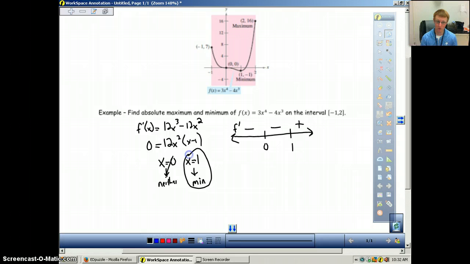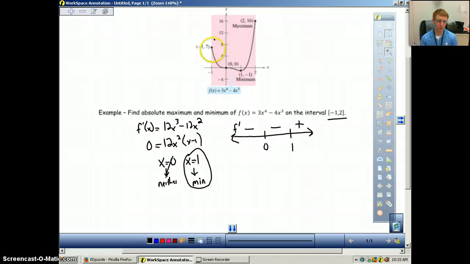Now, whether that's an absolute min is a different story. So we're talking about finding maxes and mins on closed intervals. That's where this comes in right here. They're telling us what our endpoints are, and you can see the endpoints are labeled on the graph. Now, what you want to understand is this. It does not matter at first what the y value is on each of these.